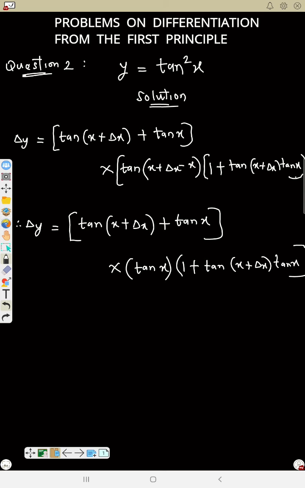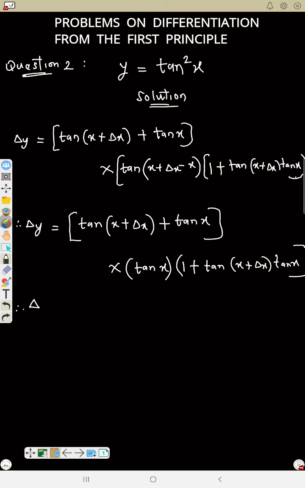Now from this step, we need to divide both sides by dx. So if we divide both sides by dx, we can say multiply both sides by dx. So we'll have dy is equals to, let me write this together in one line.